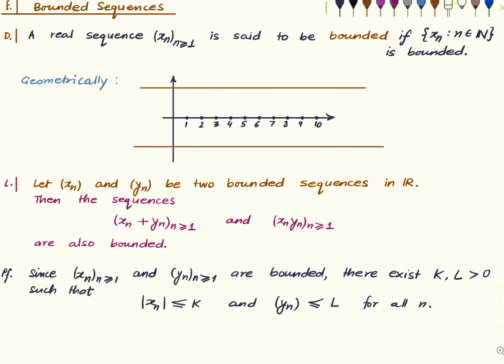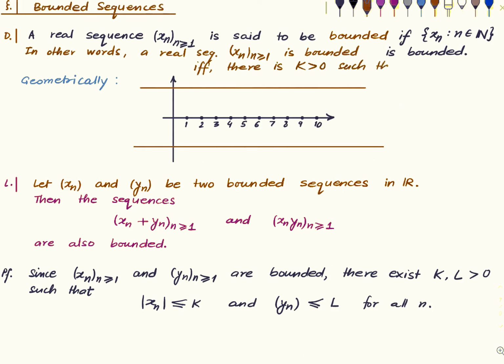So maybe I could have written this here itself. So in other words, let me emphasize this: a real sequence xn is bounded if and only if there is some real number k such that the absolute value of xn is bounded by k for all n.